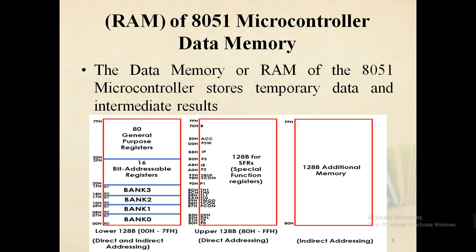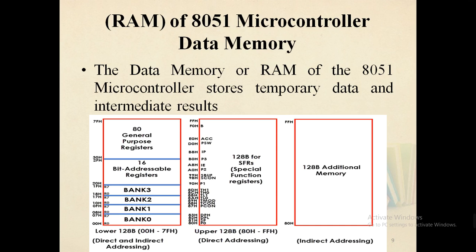Each register can be addressed in 2 ways, either by name or by address. To address the register by name, first the corresponding bank must be selected. In order to select the bank, we have to use the RS0 and RS1 bits of the program status word, which is one of the registers of the 8051 microcontroller.